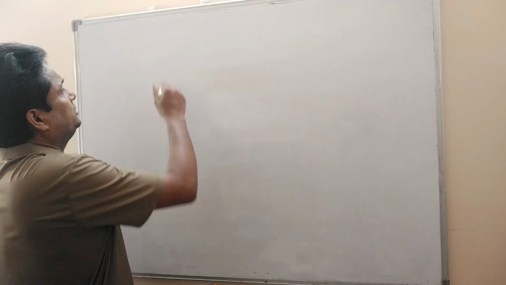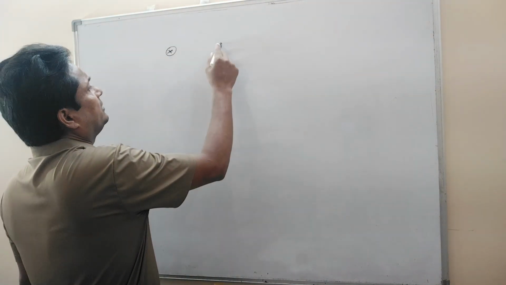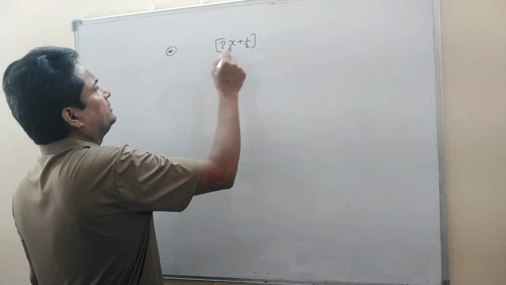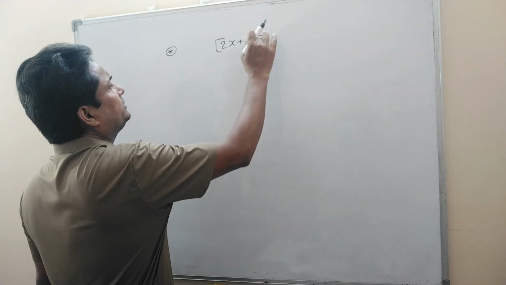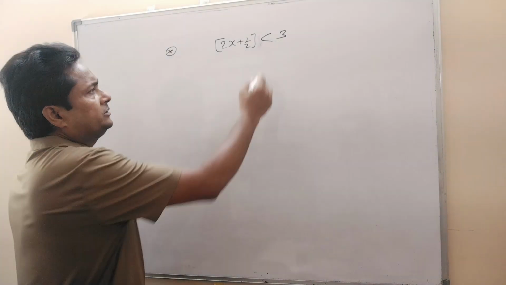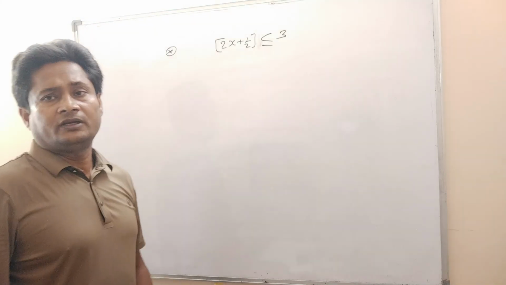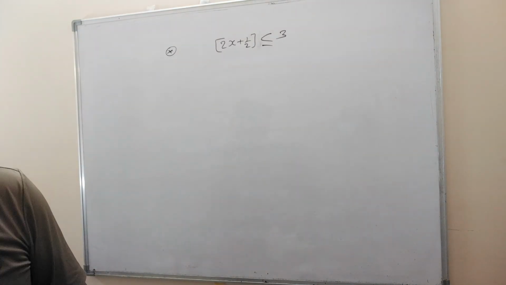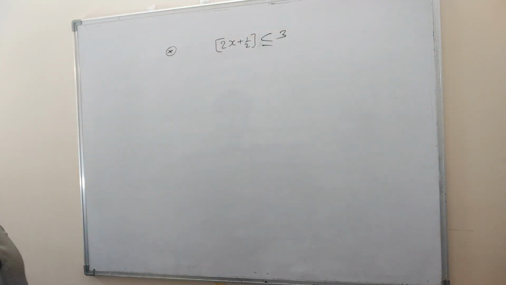Now next question is what? Let's say greatest integer of 2x plus 1 by 2 is less than or equal to 3. Then what will be the solution in this case? What is the property of this one?